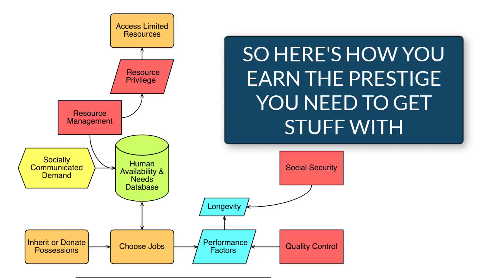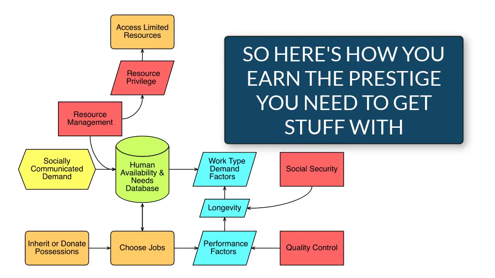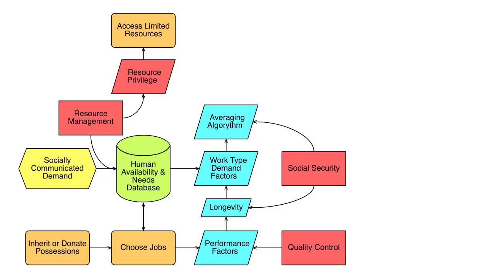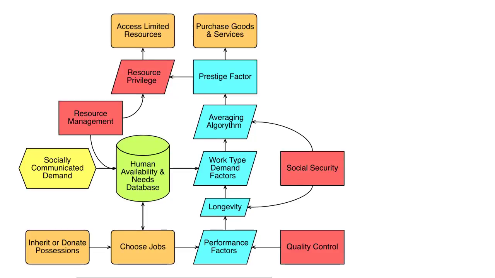Okay, so there's people who work in social security management, and there's also what they produce, which ultimately is a somewhat complex algorithm that averages out all the amount of work and quality of work and what type you've done based on the work type demand factors that you've had, and ultimately produces at any given time a somewhat shifting prestige factor that you possess so that you have rights to purchase goods and services using the privileges that you've earned.